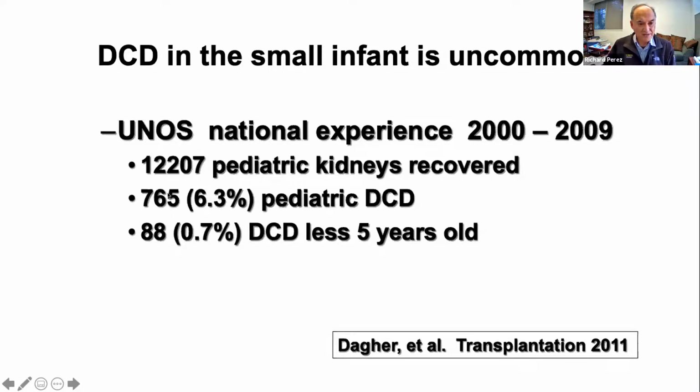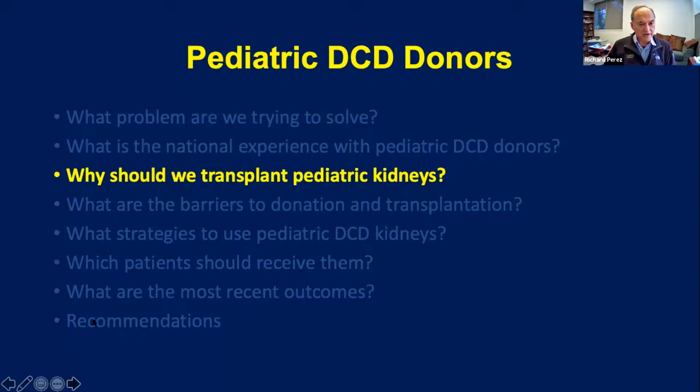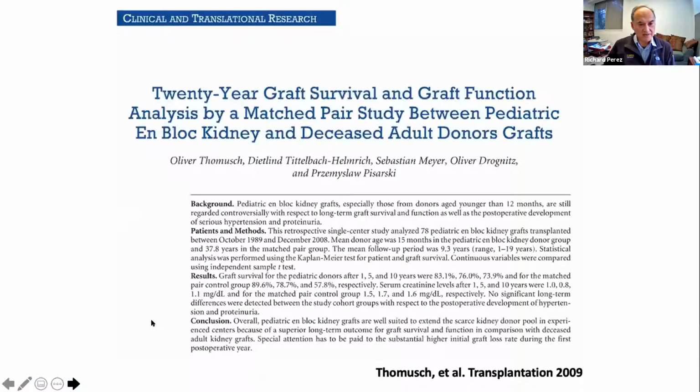Only 700, so that's less than 80 per year, were pediatric DCD. And when you look at the less than 5-year-old age group, less than 90 for the whole decade. So that's less than 10 per year. Again, this is national experience. So the question is, is there an opportunity there? And why should we do this? Why should we use pediatric kidneys?